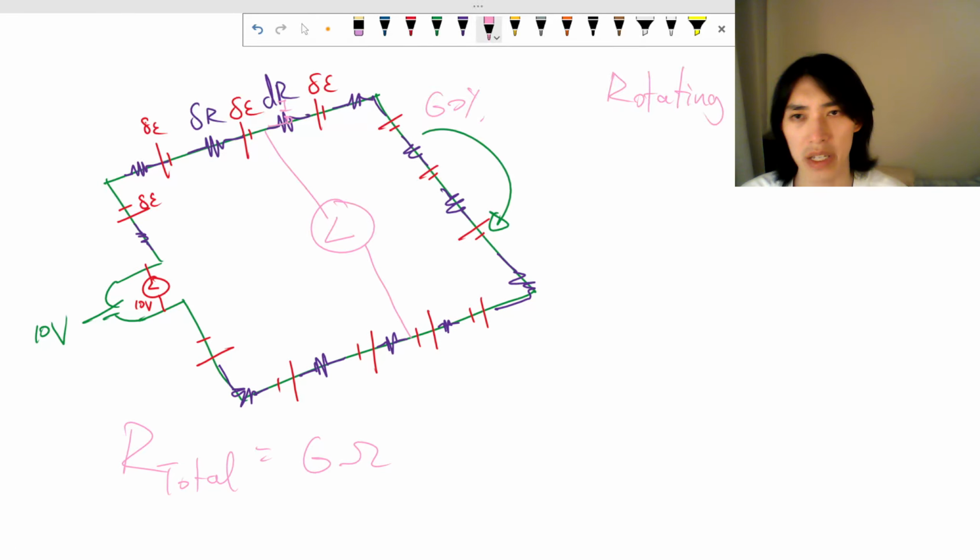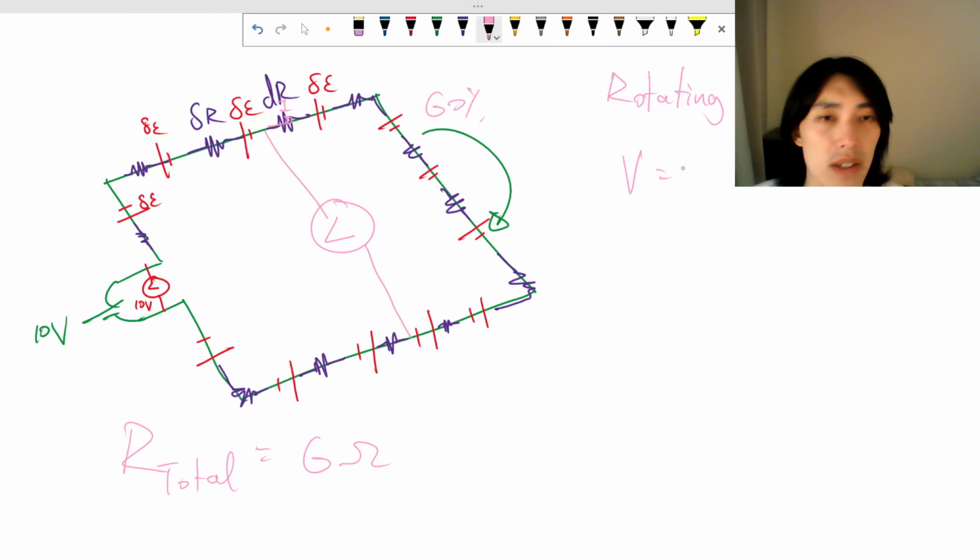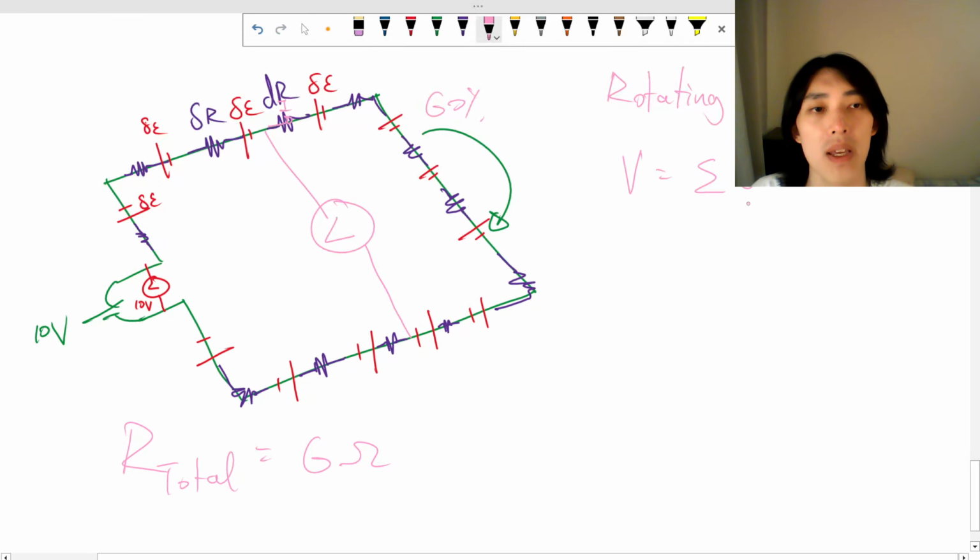In the rotating case, we're going to use a little bit of Kirchhoff's voltage law, but it's not that extravagant. Our voltage will equal the sum of the delta Vs across the resistors, and also we're going to sum the delta epsilons.